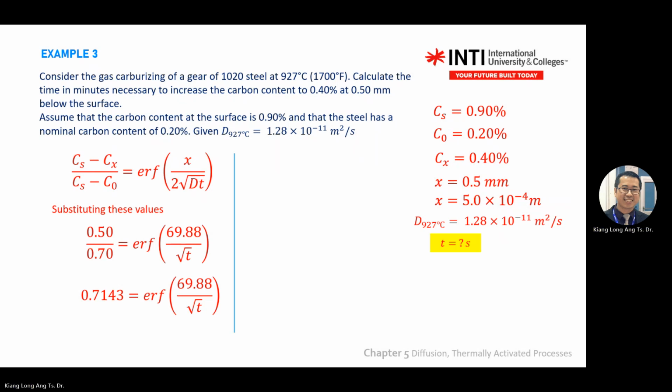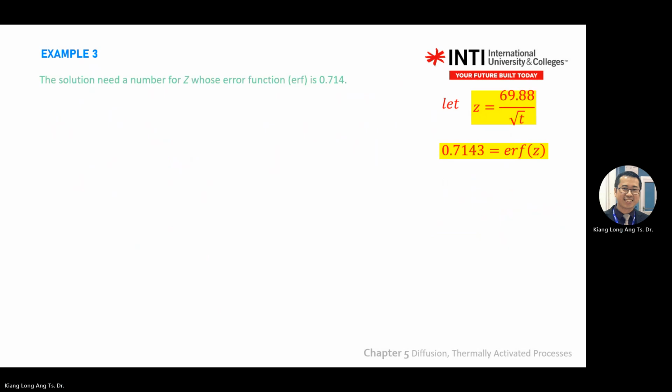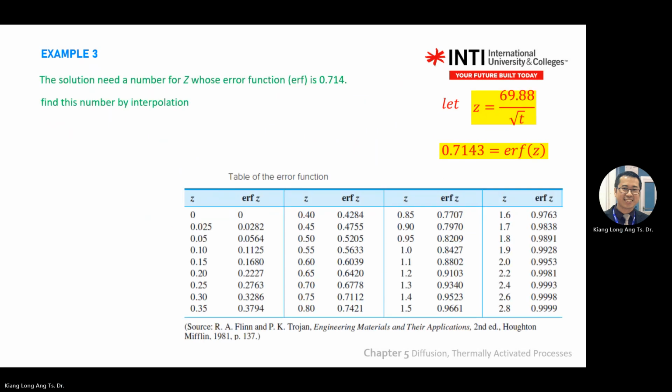Here we ask you for time, so you need to find what this value is. If you already arrive at 0.7143 equal to ERF Z value, you go to the table. You need to do interpolation. Go to the table. Where is 0.7143?